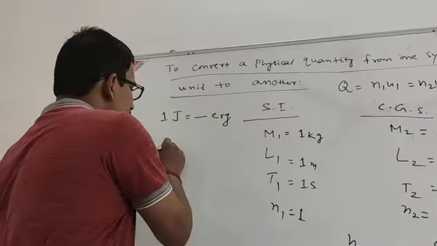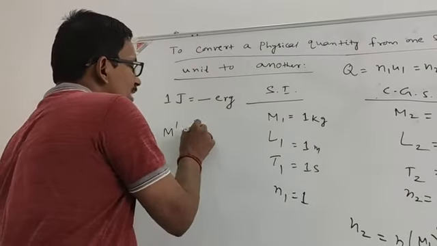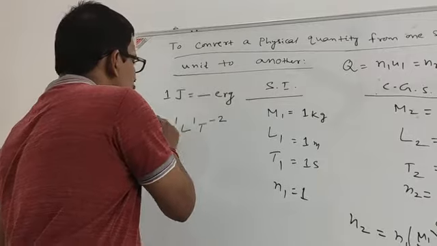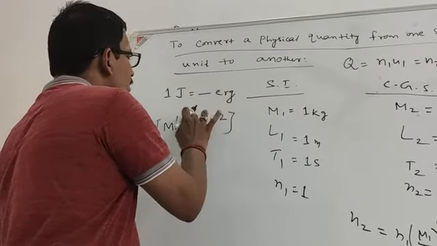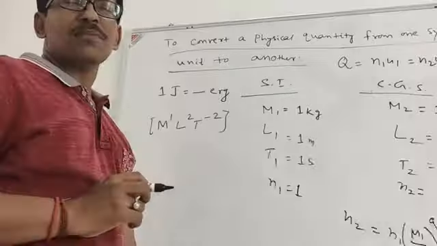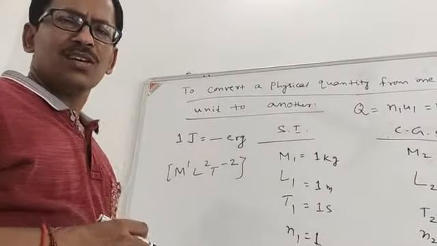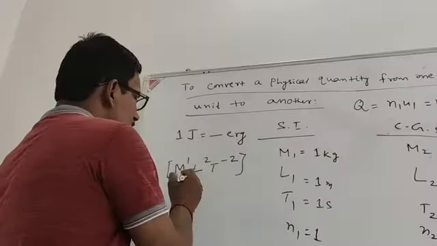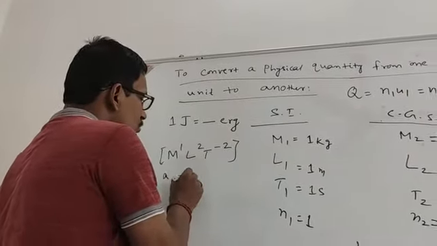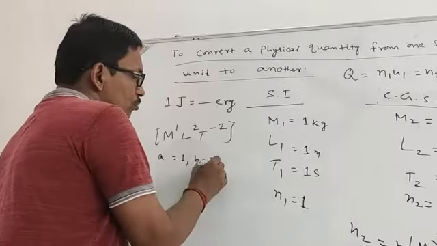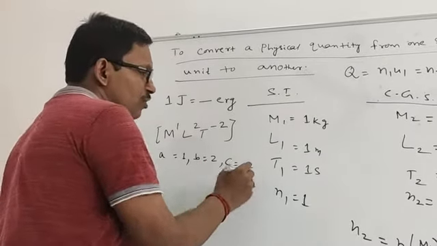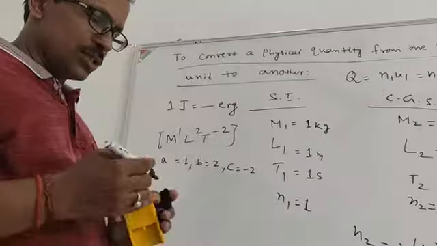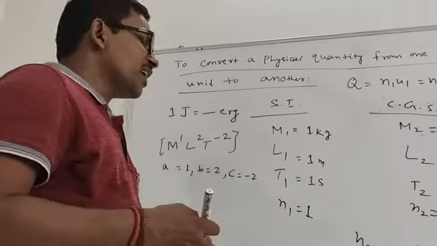That is M1 L2 T minus 2. This is the dimensional formula for work or energy. So here in this question, a equal to 1, b equal to 2, c equal to minus 2. Just put the values, you will get the value N2.